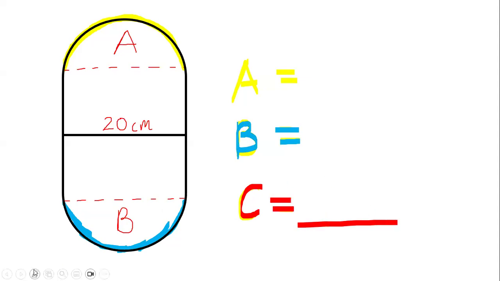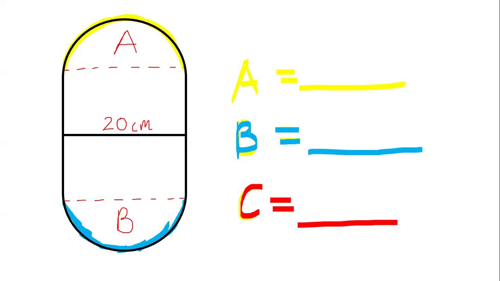Put your answers inside the chat for me, please. What's going to be the length of C? What's going to be the length of A? What's going to be the length of B? I see someone say 20 centimeters.